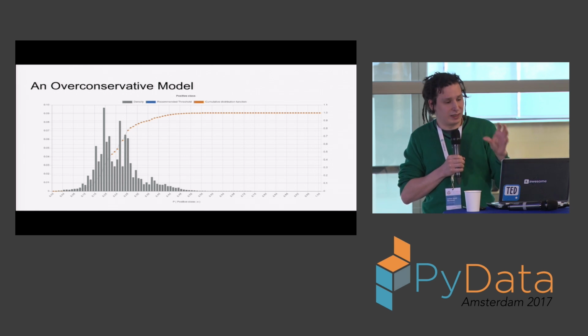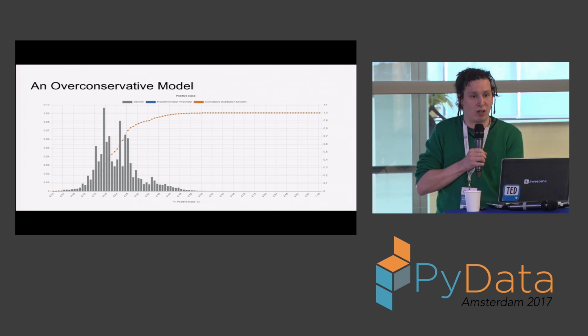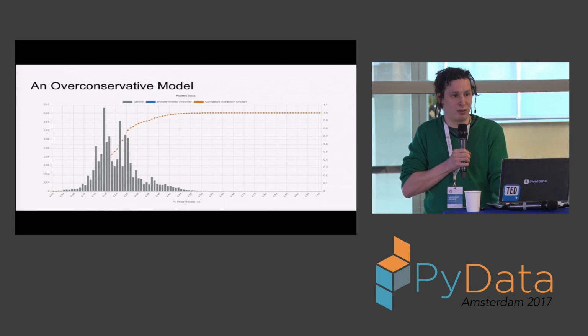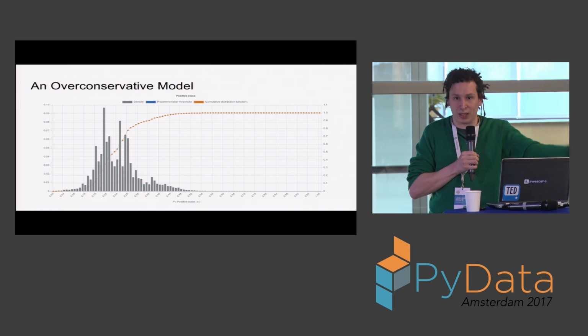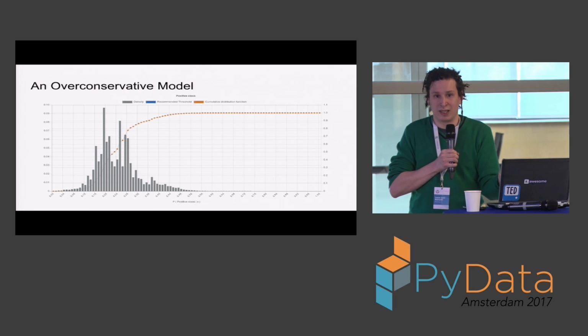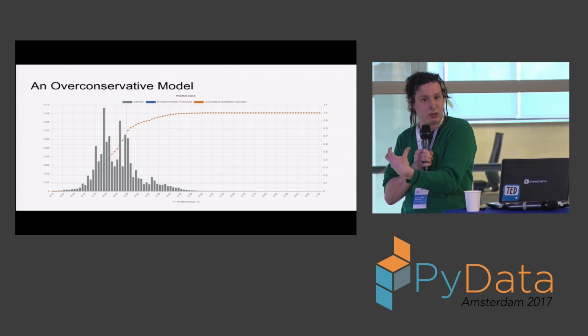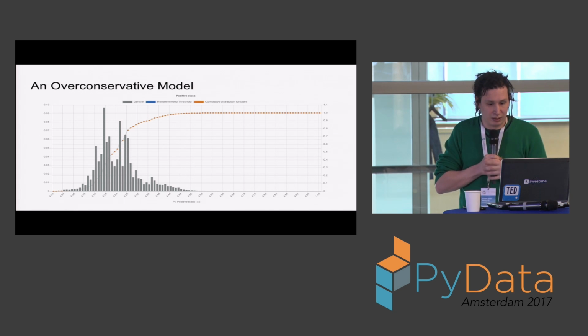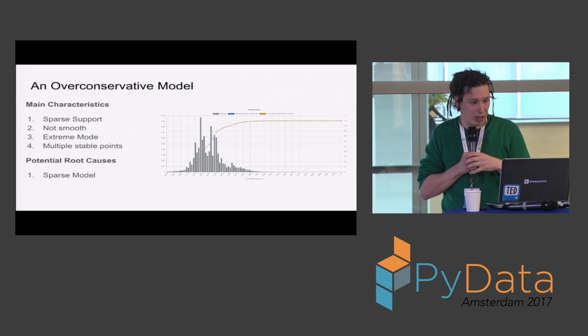And I want to highlight that you may have a very good model offline on your computer, running very well, AUC 0.85, but you are probably looking at this model with a biased data set because you can only train the model on those examples for which you have labels. When we put it in production, we need to understand what the model does even when we don't have labels. That's why it's very common that we see very good models offline and then we put them in production and they don't work. So in this case, the over-conservative model, we have a sparse support.